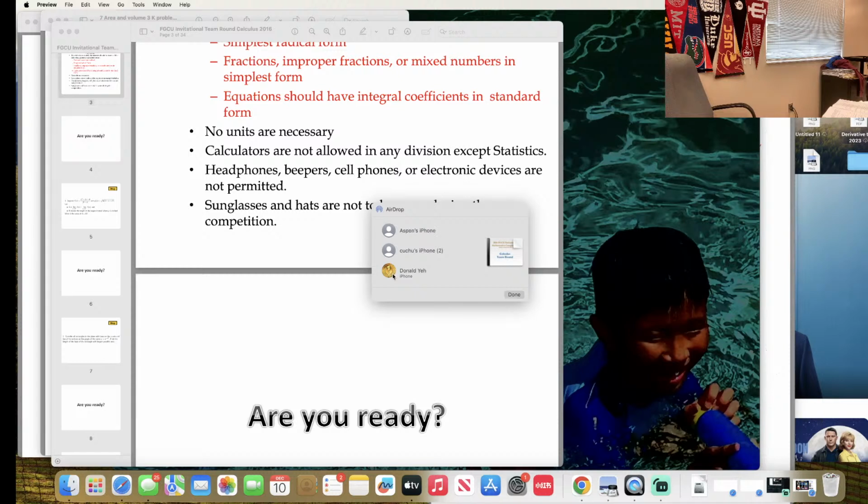Negative one is. Alright, so for this, we have 3x. It's gonna be like this. This is one times 3.